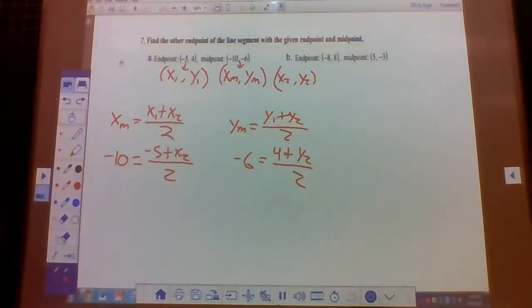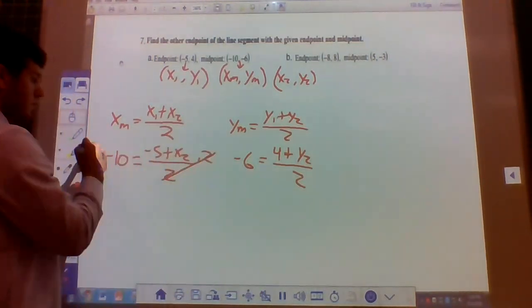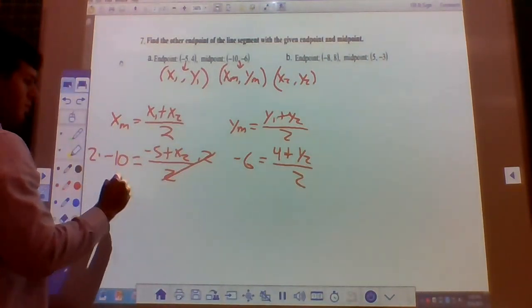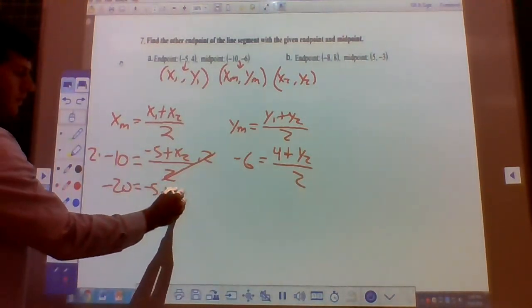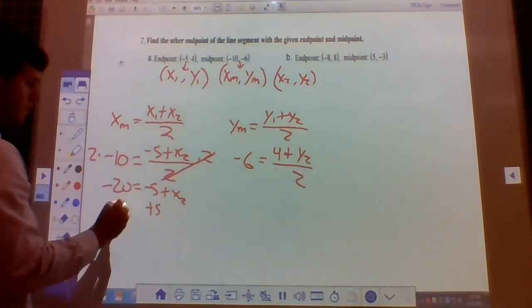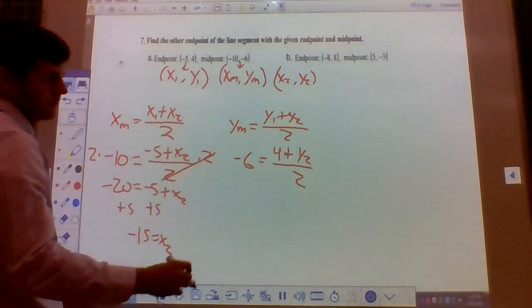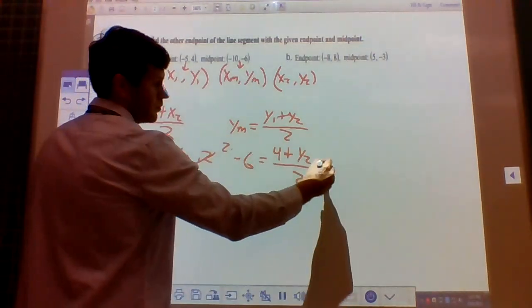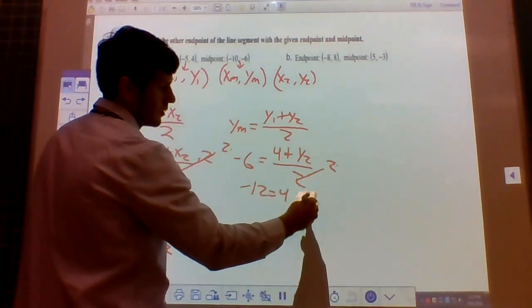And then we just solve for x2 and y2. Multiply both sides by 2, so that's -20 equals -5 plus x2. Add 5 to both sides, and just like we said, it's -15. Multiply both sides by 2: -12 equals 4 plus y2.